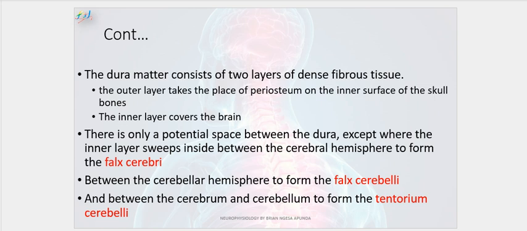Starting with the dura, the dura consists of two layers. We normally have an outer layer that takes the place of the periosteum. This can sometimes be referred to as the periosteal dura.